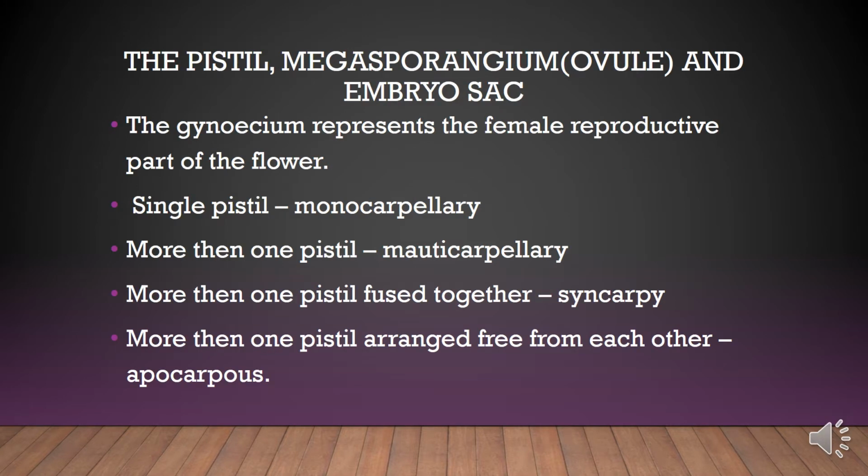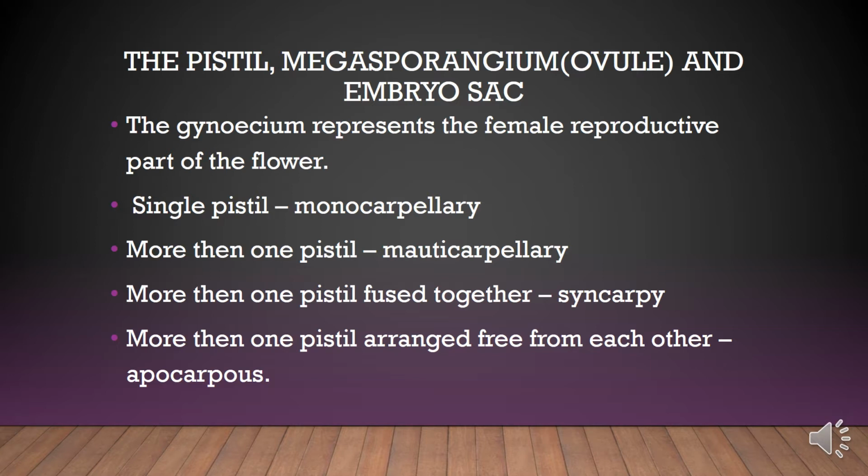As we know, the gynoecium represents the female reproductive part of the flower. If a flower contains a single pistil, this is called monocarpellary. This I will show you in our next slide diagram.